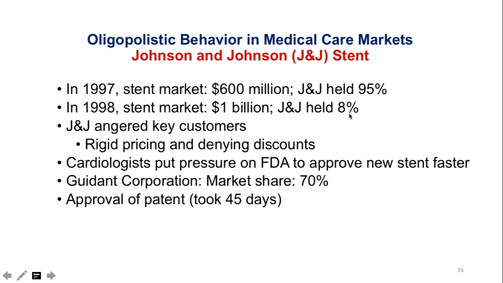So you can see that an oligopoly can actually lose its market share in less than 45 days. It depends on so many other factors, including the big customers, and also the FDA, the legal action.